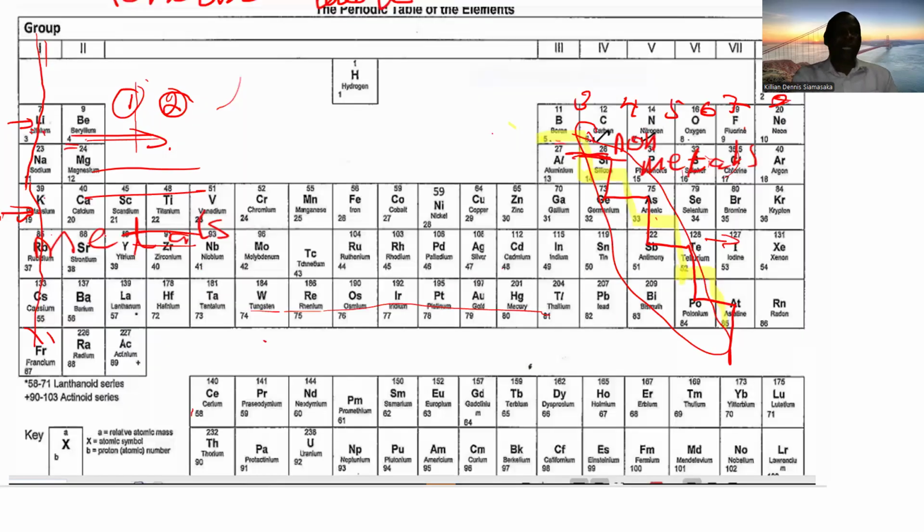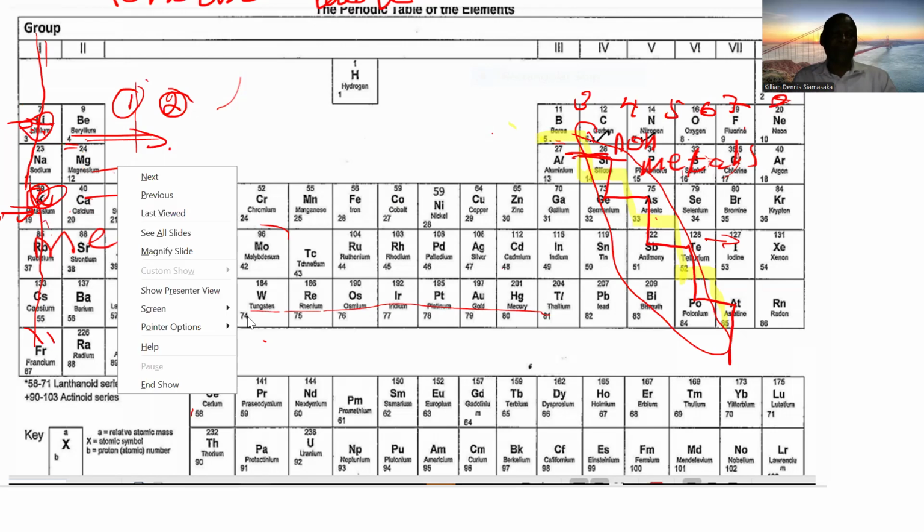So we expect that potassium is softer than lithium because it is increasing as you are going down the group.